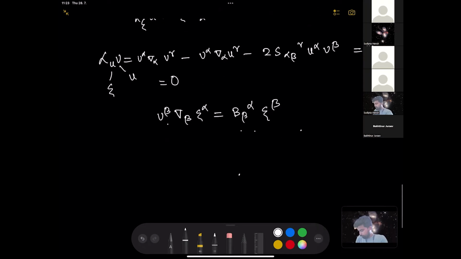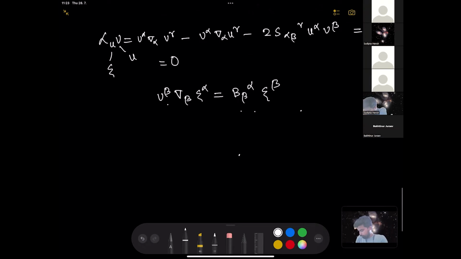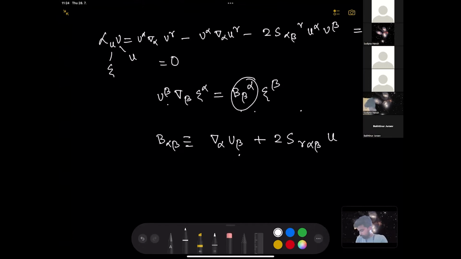So we see that how the separation vector propagates through the space-time can be determined solely by the properties of this B tensor, which is a rank 2 tensor. So the expression of B is nabla alpha u beta plus 2 S gamma alpha beta u gamma.